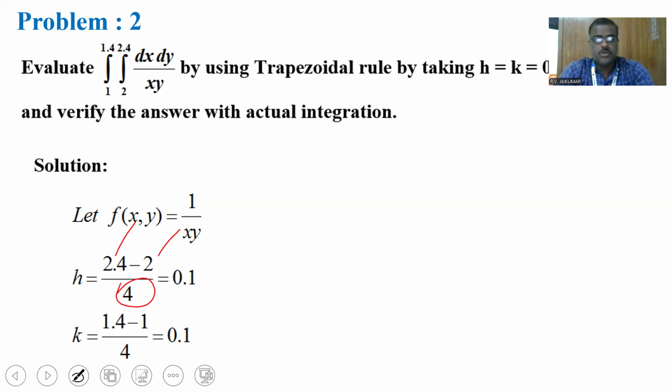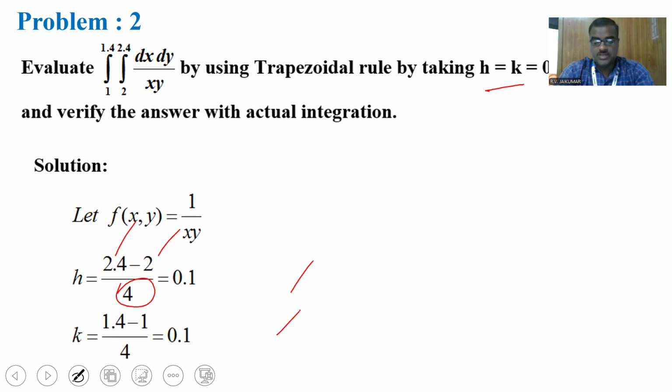It may be 4, it may be 8 or 10 or 5 or something like that. But when they are not mentioning the value of h and k, you can do it. Otherwise, no need to do it. You can use the given h and k value. H and k value is given, no need to calculate it here, right?